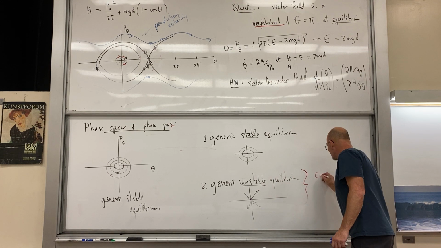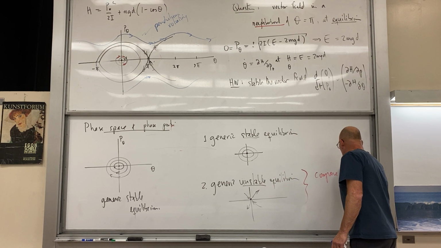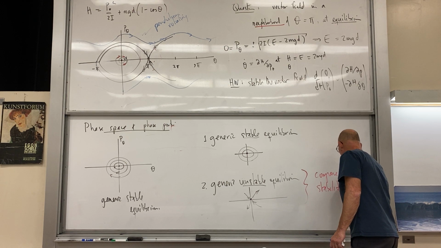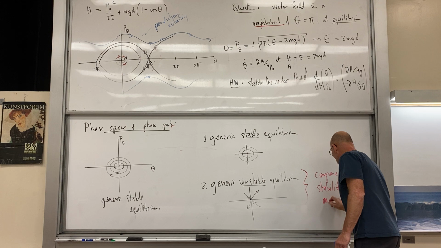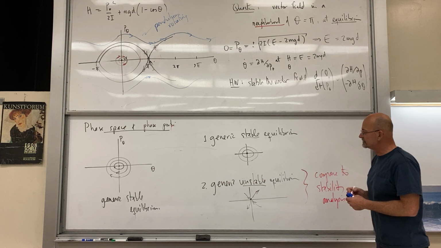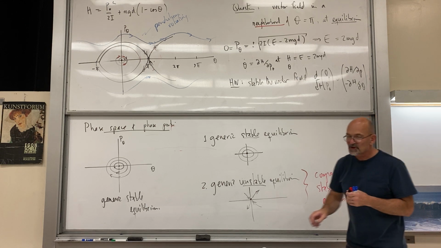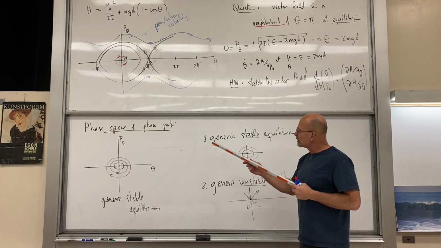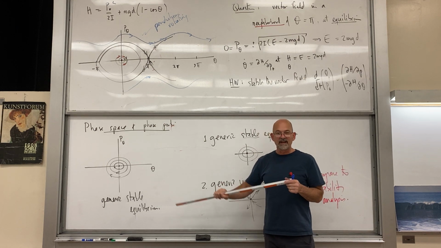So compare to the stability analysis that we did. So the upshot of all of this is that Hamiltonian mechanics is geometry in phase space.